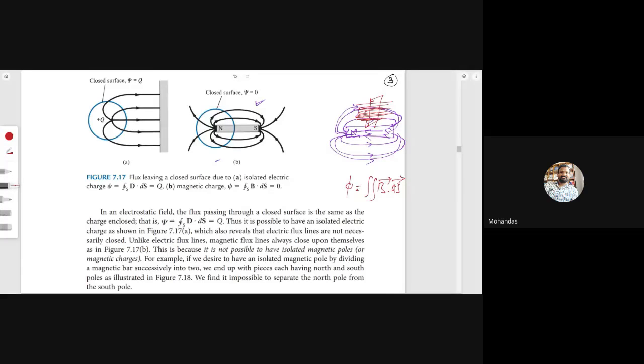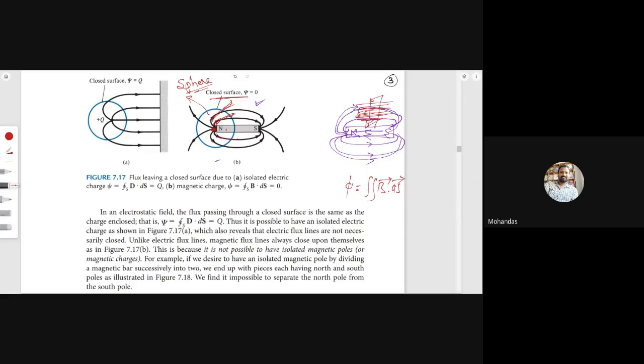Imagine it is just like a sphere, a volleyball-type spherical structure. Imagine this blue color line is a spherical one which encloses only this North Pole. This is known as a closed surface. If you see at this particular point, at the North Pole, the flux lines are leaving through this closed surface.